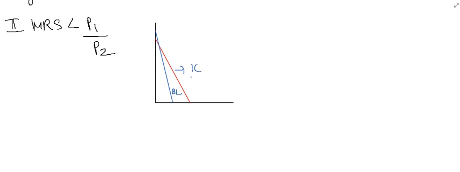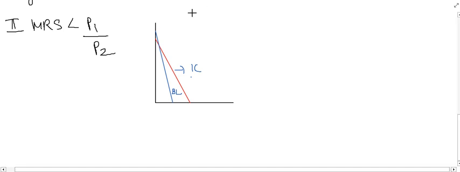Now what's the highest indifference curve you can reach at this budget line? Let's try to move in this direction. Is this the highest indifference curve? No, we can do even better. Is this the highest? Let's check.